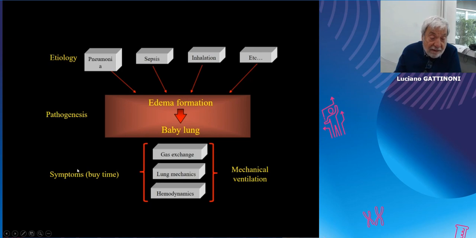And of course, if I have a very small baby lung, mechanics are down, compliance is low, the gas exchange is impaired because of the right to left shunt, that means the blood flowing in the not open lung, and the hemodynamics are problematic because the poor right heart has to pump against this complex anatomical situation.